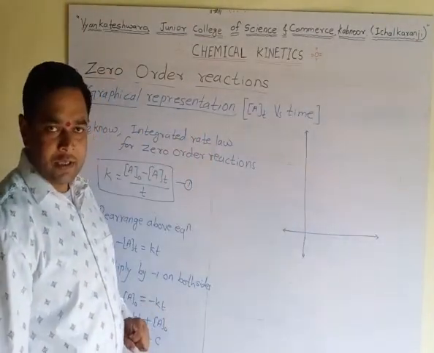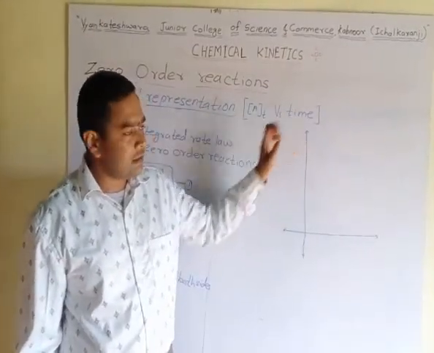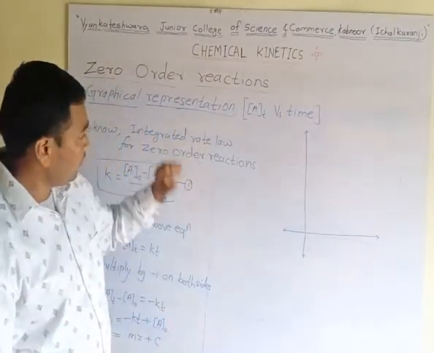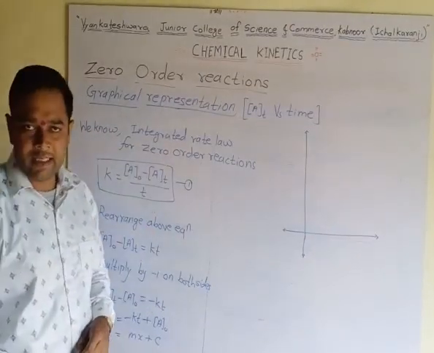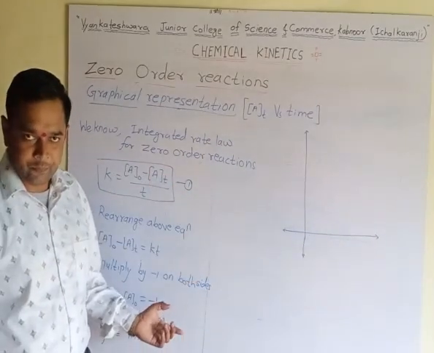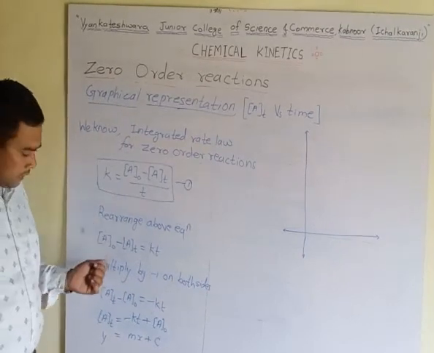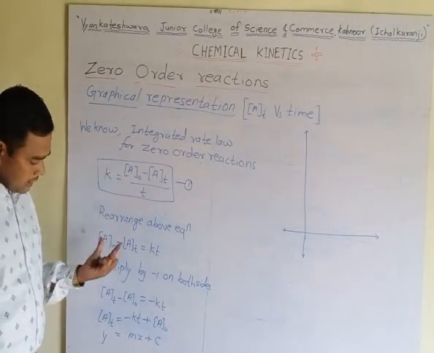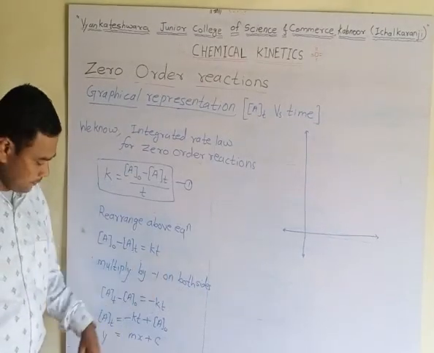In this graphical representation, concentration At versus time is plotted. We know the integrated rate law for zero order reaction is k equal to A0 minus At upon t. This equation is rearranged. This term is taken on the left hand side and kt on the right hand side.